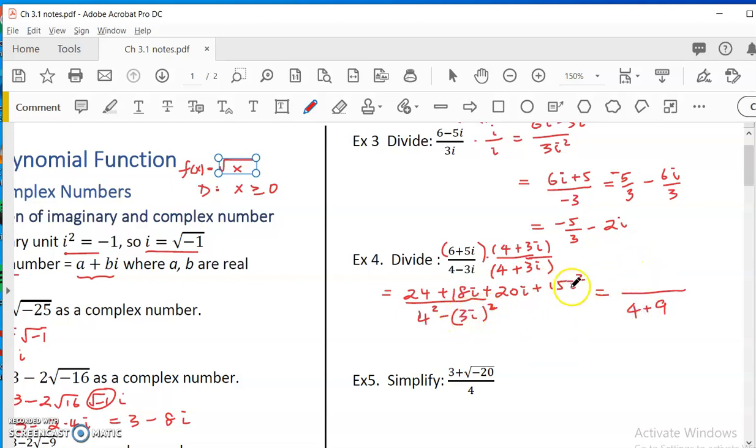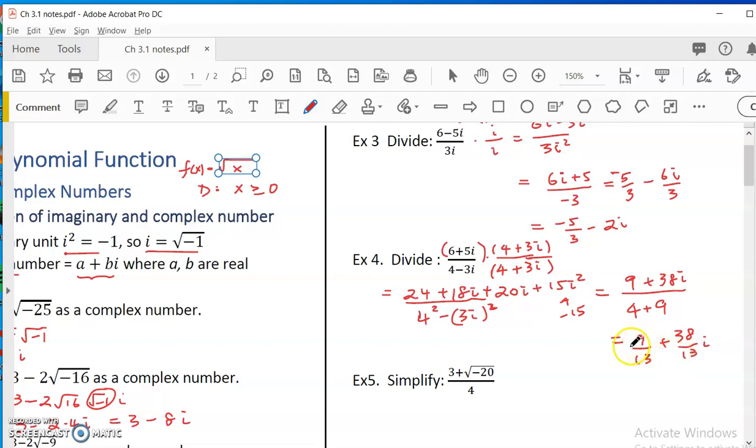At the top, this becomes minus 15, because i squared is -1. 24 minus 15 is 9. 18i plus 20i is 38i. The bottom is 25, so I split it up: 9 over 25 plus 38 over 25 i.